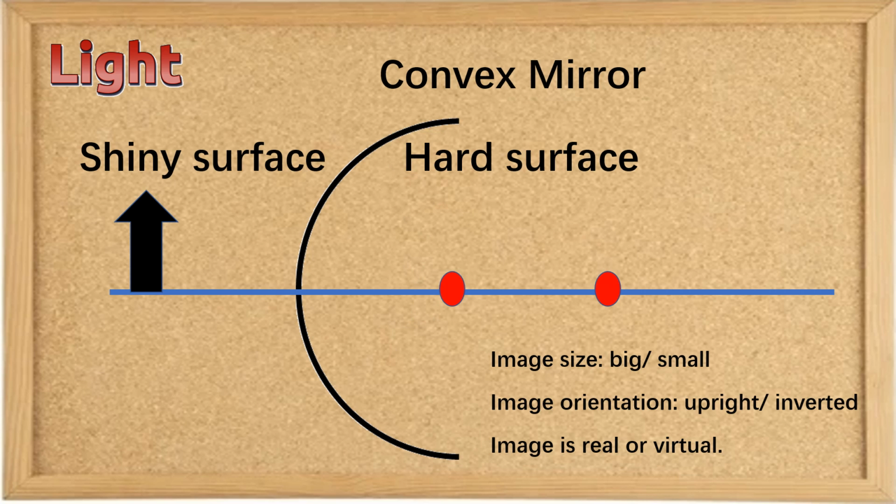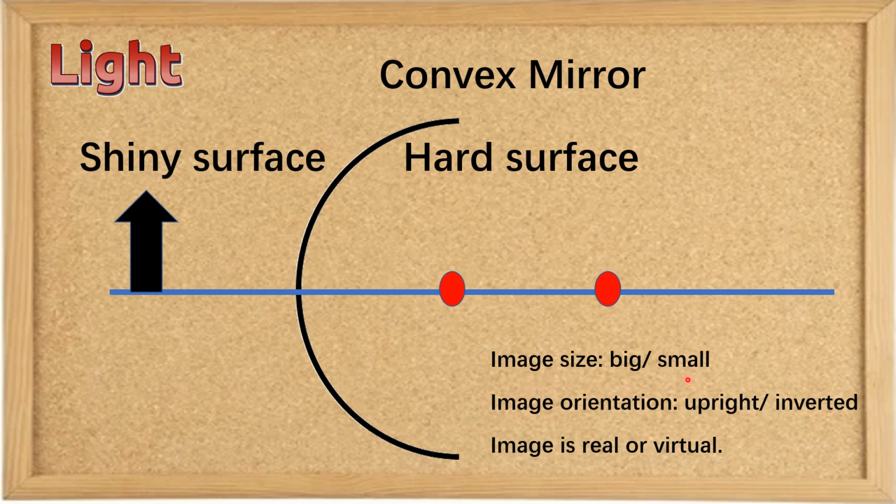So how do we use this convex mirror? Our situation here is that we place an object that is far away from your convex mirror. Using your ray diagram, we are going to trace how your image is formed. Looking at this criteria here, what do you think is the image size?